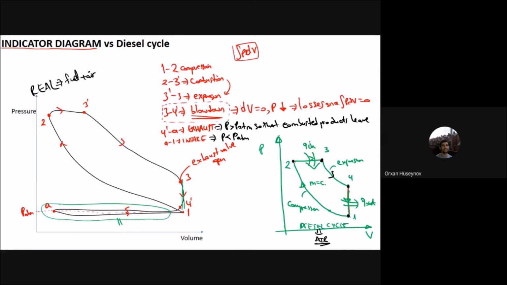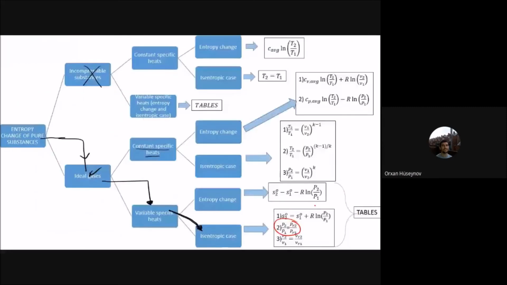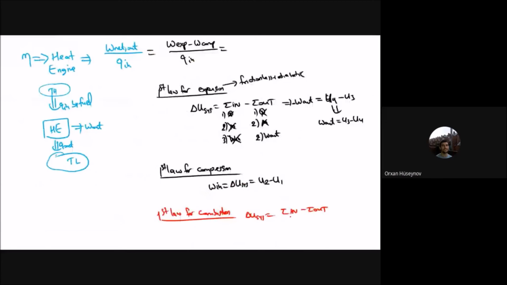But in that combustion process, you also have work, because the pressure is constant and the volume changes. You should note this: pressure is constant, but the volume changes. Therefore, in the in state, you will have Q in, and work in is 0. There is no mass because it is a closed system. In the out quantity, you will have Q out, which is 0 because there is combustion process. And you don't have any volume change here.